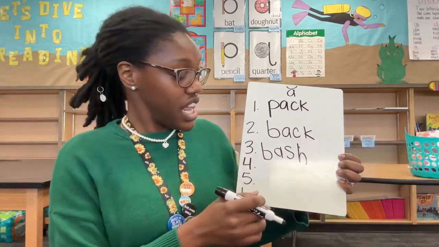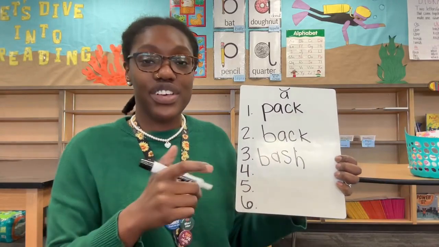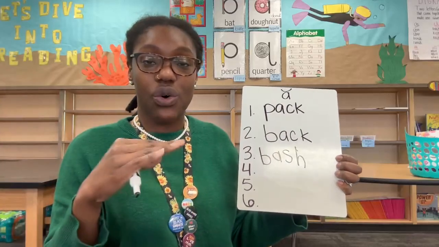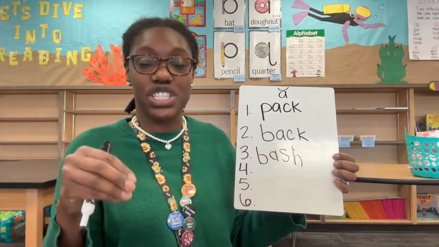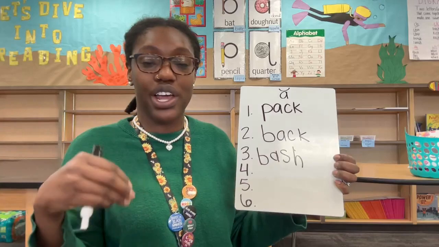Okay, for this word, change the B to a K. Now this one often stumps my students, and so I had to do a mini lesson on when to use K and when to use C when you hear that hard K sound at the beginning of a word.